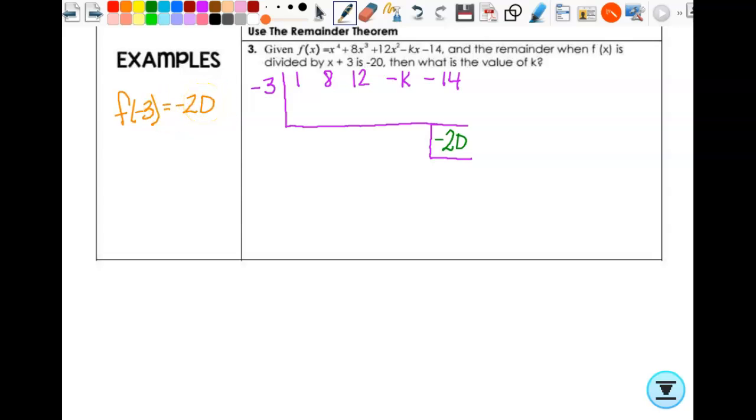Because they told me what the remainder is, that's where this comes from, right? Now, that's not what this question is asking. That was my separate little question. But we know that f of negative 3 is negative 20. Okay. All right, so now let's find k. Actually, you go through, do your synthetic division, and find k.